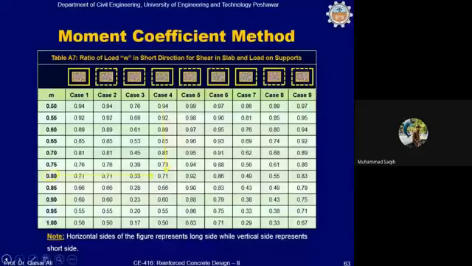Case 9, because the shorter side is discontinuous.